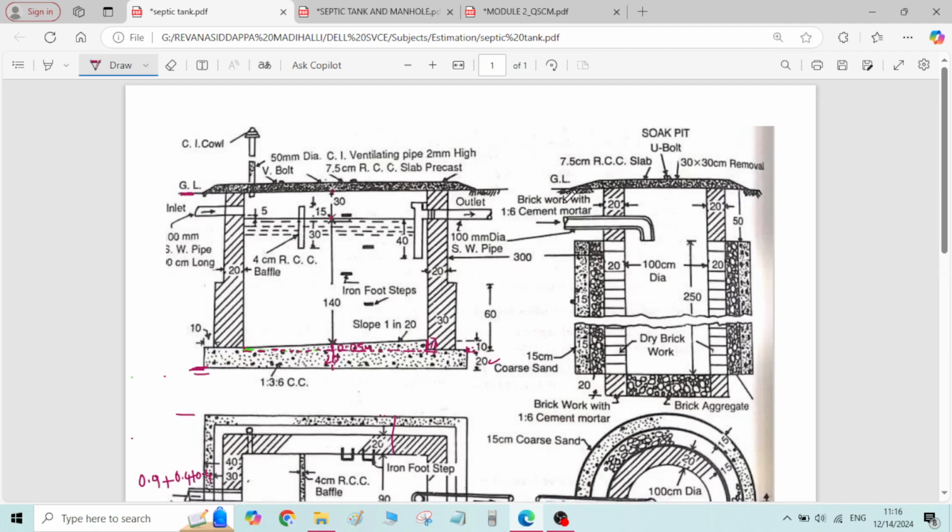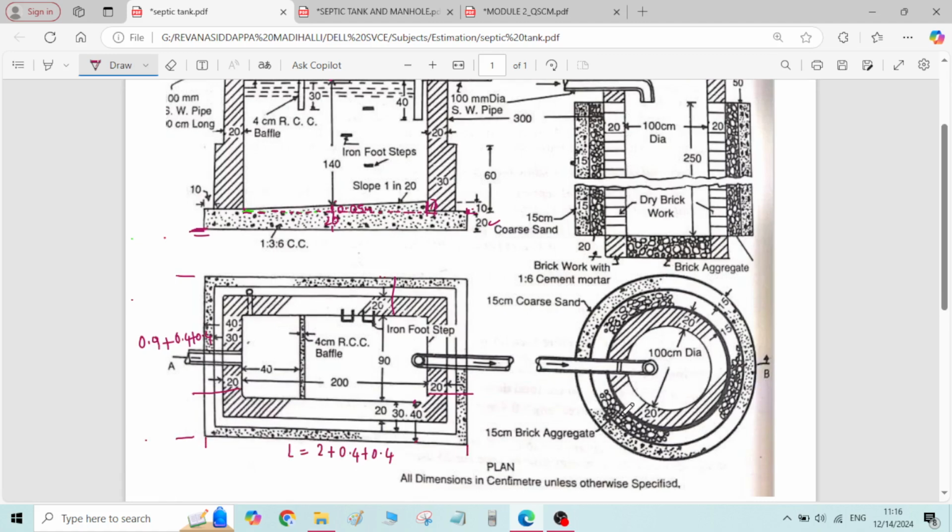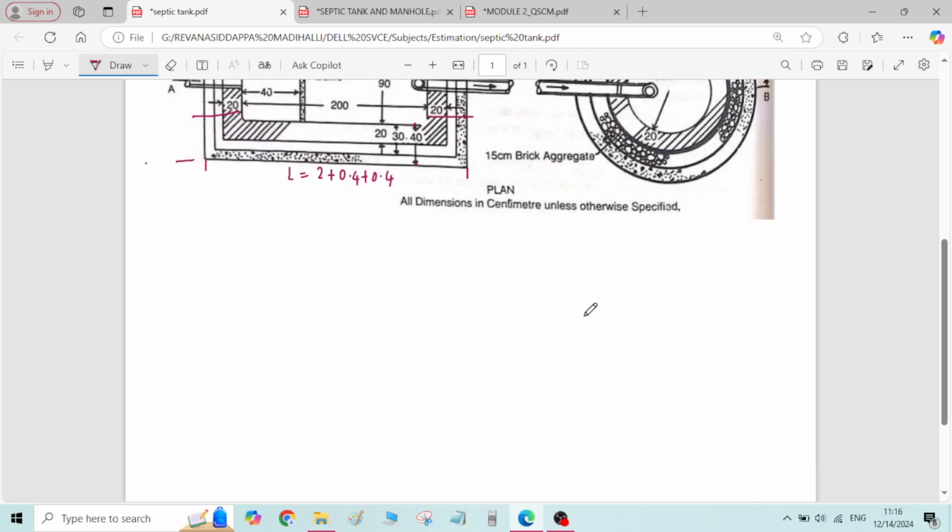Okay, coming to the soak pit, as I said, it is having circular dimension. Then how to calculate the total volume of earthwork in excavation? What you can do is, you can find the total area of this circle, area of the circle, then multiply by its height.